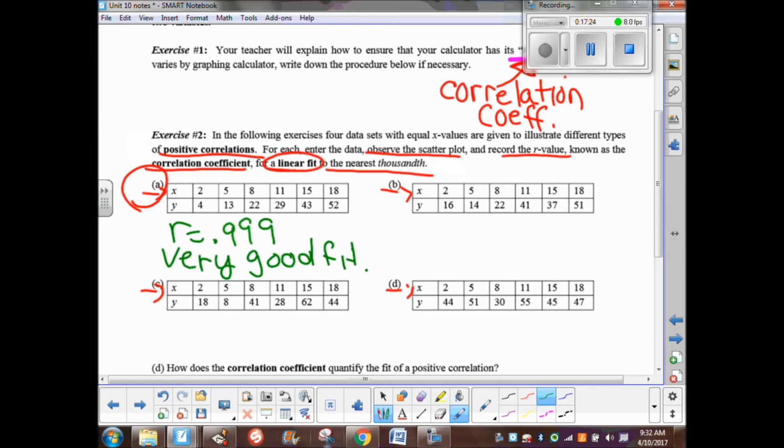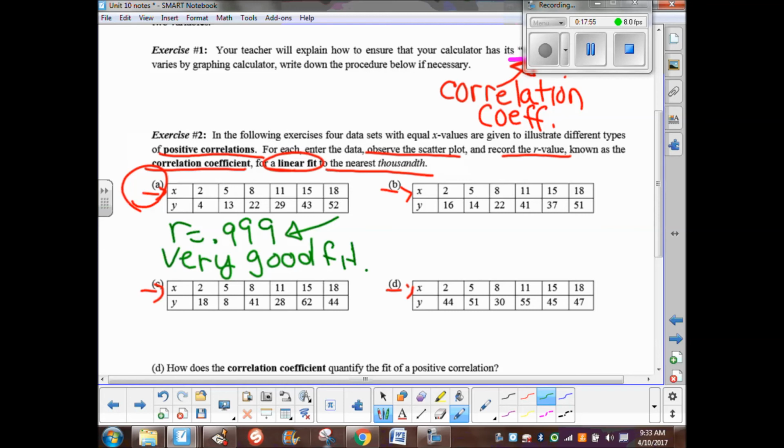The closer that number is to 1, the closer it is to perfect in a positive direction, or the closer our R value is to -1, the closer it is to perfect in the negative direction. So the further we get away from 1, meaning closer to 0, that would mean a really bad fit.